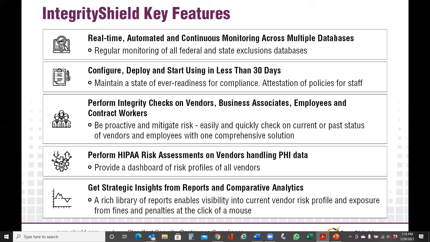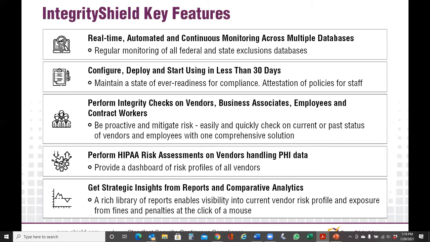Our system will automatically check every single one of those databases on a nightly basis and match that up to any of the people, companies, and employees that you have in your instance.